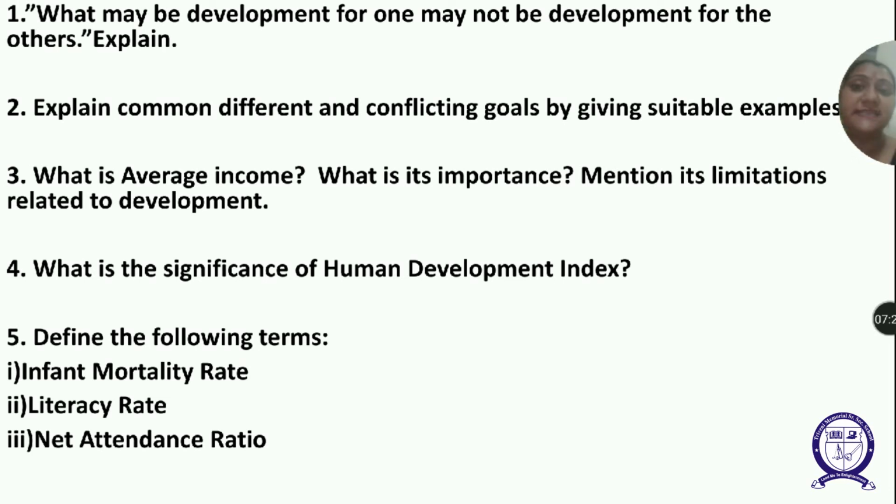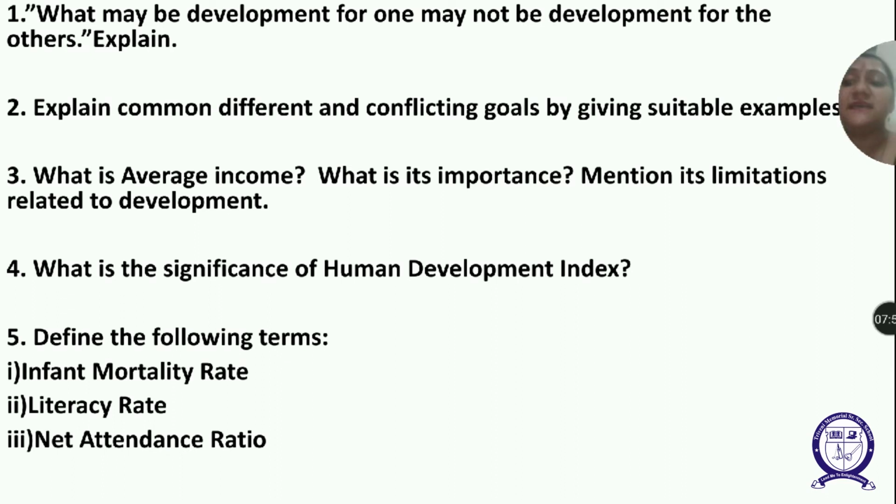Next is literacy rate. This measures the proportion of literate population in the 7 and above age group. It means all the children of 7 years and above who are able to read and write any language with proper understanding come in the literacy rate.